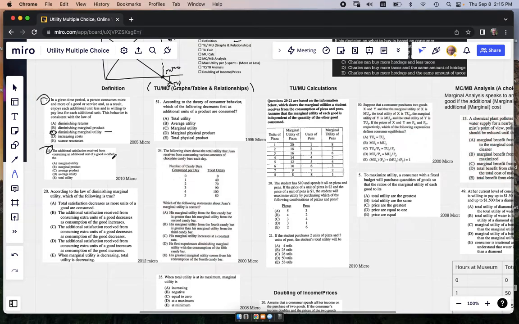The additional satisfaction received from consuming an additional unit of a good is called, well, what a surprise, marginal utility. Utility can be value or satisfaction. They can call it utils, which is just a made-up term to describe happiness or satisfaction, because let's face it, you can't really measure happiness or satisfaction. You could rank happiness and satisfaction.